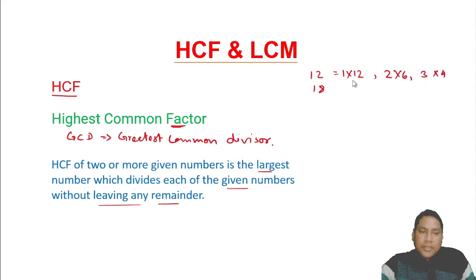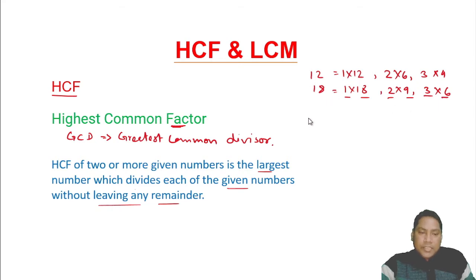So the factors of 12 are 1, 12, 2, 6, 3 and 4. Likewise, the factors of 18 are 1 into 18, 2 into 9, 3 into 6. So the factors of 18 are 1, 18, 2, 9, 3 and 6.